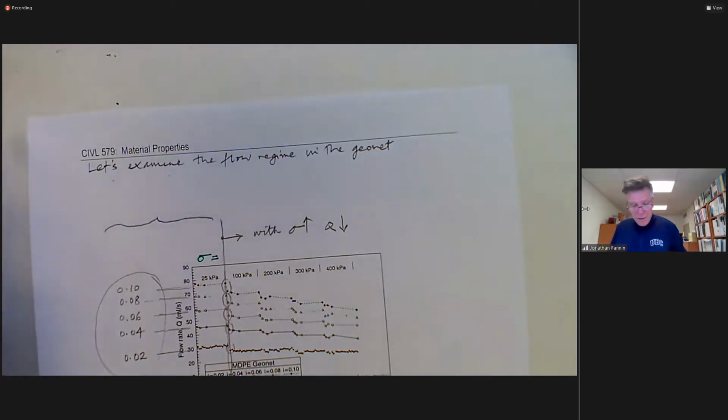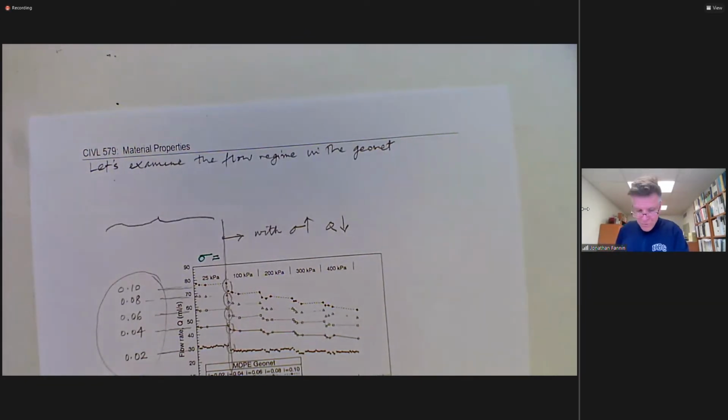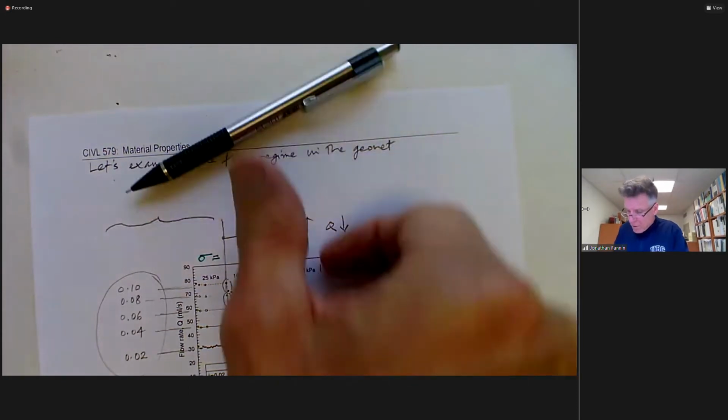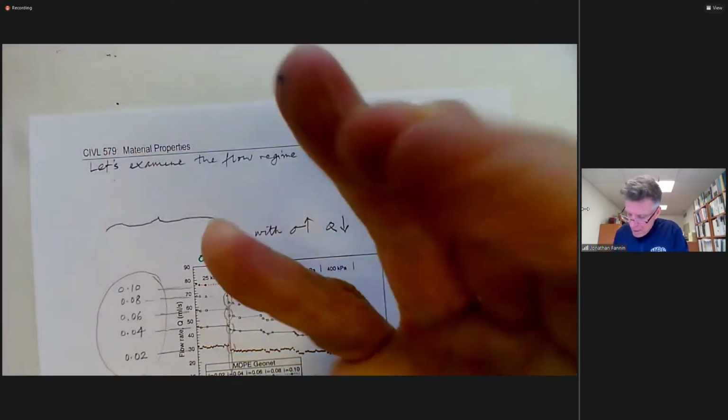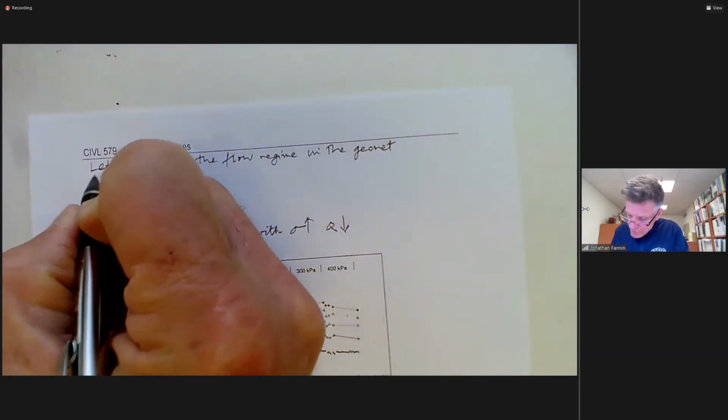Reason number one is to determine Darcian or non-Darcian and to find the evidence in support of that claim. And reason number two would be what's the equivalent porous medium if it was to be a soil? Is it a fine gravel, a coarse gravel, coarse sand? What's the equivalency of this GeoNet? And for that, let's start with the flow regime at I equals 0.02.